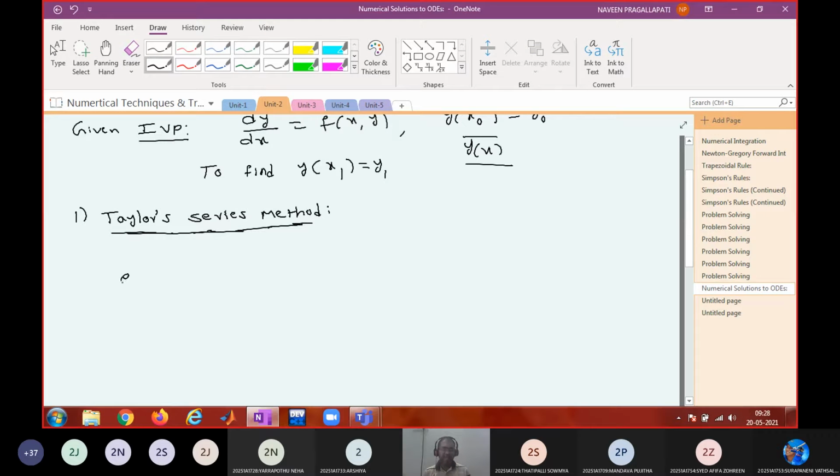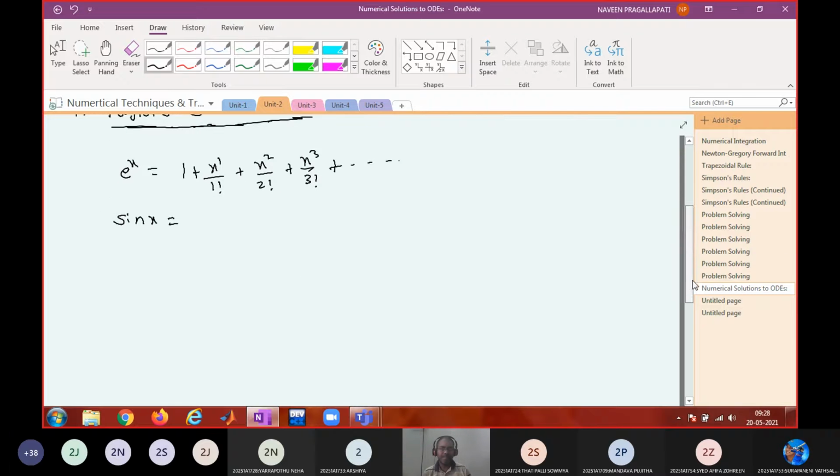Do you know the expansion of e power x? What is e power x expansion? 1 plus x plus x square by 2 factorial plus x cube by 3 factorial and so on, right? Similarly, you know the sin x expansion. What is the sin x expansion? x minus x cube by 3 factorial plus x power 5 by 5 factorial minus x power 7 by 7 factorial and so on.